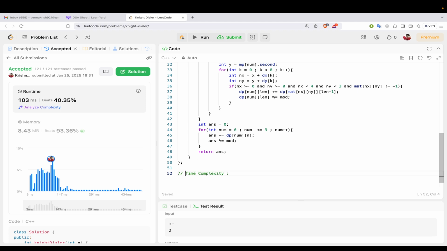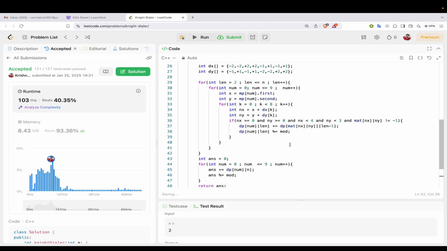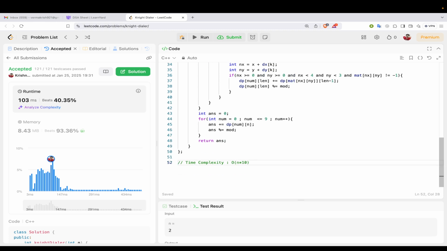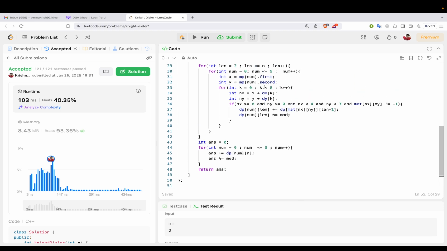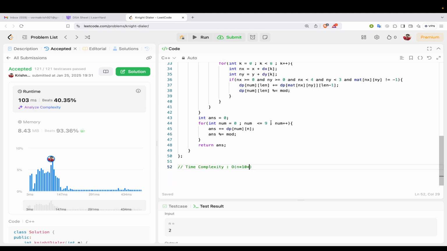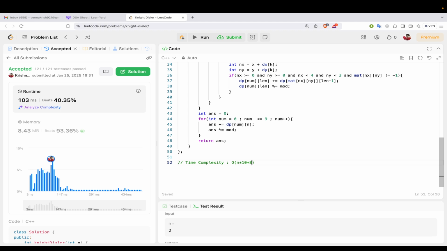We are iterating over length, so it will be length, maximum n, into 10, as we are iterating over 10 numbers, into 8, as we are also iterating in the 8 directions for every number. So it will be order of n only.